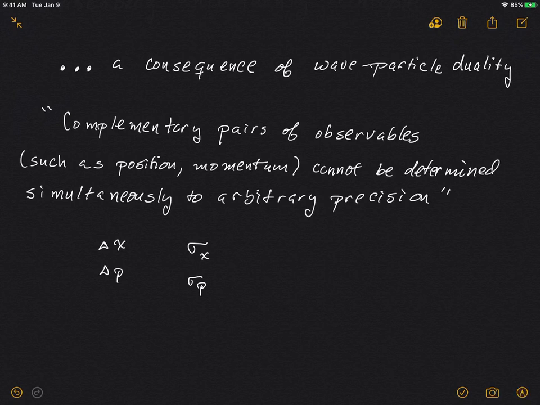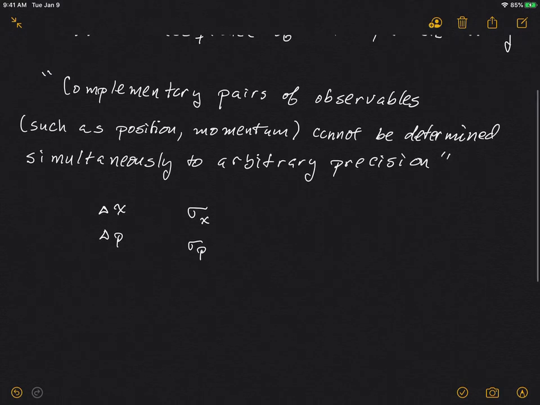But more typically, and in a less restrictive way, we just call them delta x and delta p, and say that's the uncertainty. We're not going to give the precise definition of that uncertainty right away, but roughly speaking, it's going to be something like standard deviation or some other measure of measurement uncertainty.